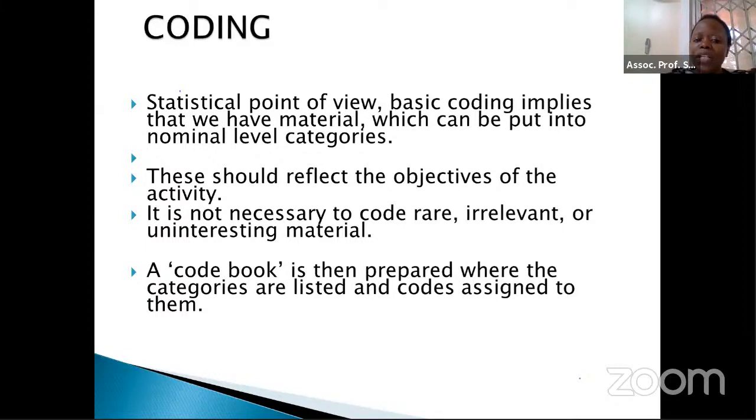So basic coding implies that we have materials which can be put into nominal level categories. And my colleague Helen talked about nominal. This should reflect the objectives of the activity. It is not necessary to code information that is not relevant to your objectives.